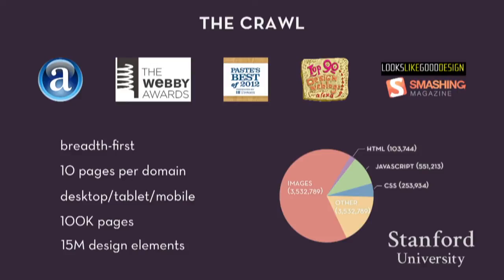We also spoof HTTP headers and request both mobile and tablet versions of pages so that we can understand how designs change across form factors. Currently, the Website Geist dataset consists of around 100,000 web pages, which corresponds to about 150 million individual DOM nodes, or about 15 million visual design elements.